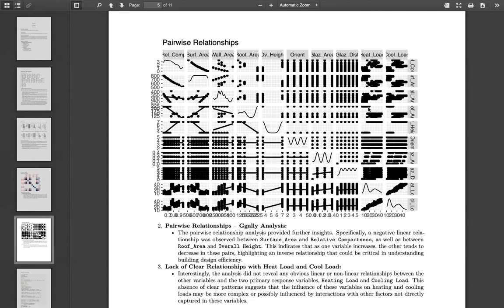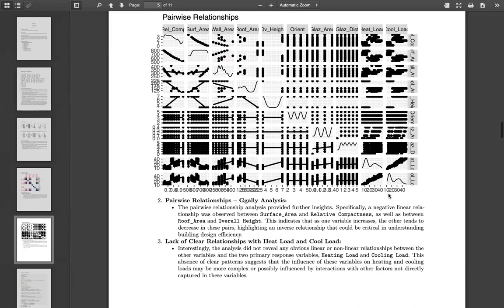I couldn't see any sort of strong polynomial, quadratic, linear relationship with these. Maybe if I transform these variables, I could see something more, but that's why I decided to build a tree-based model to try to capture relationships other than just the linear and polynomial ones.